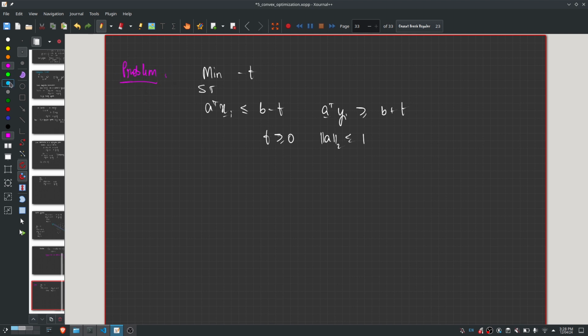Okay, let's try to compute the dual. What is the Lagrangian equal to? How many Lagrange multipliers do I require? Correct. So capital N plus capital M plus 2.